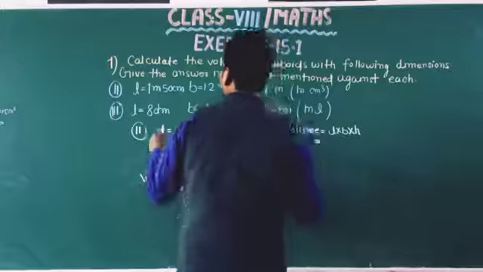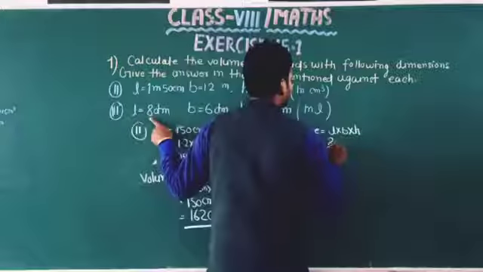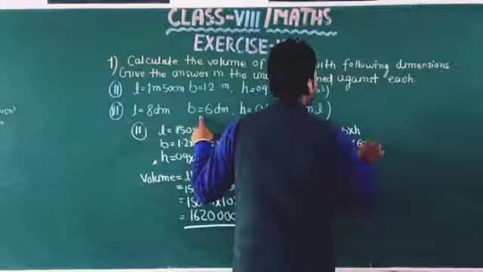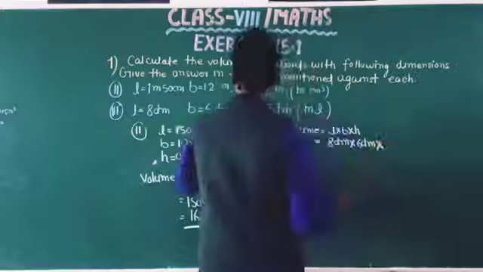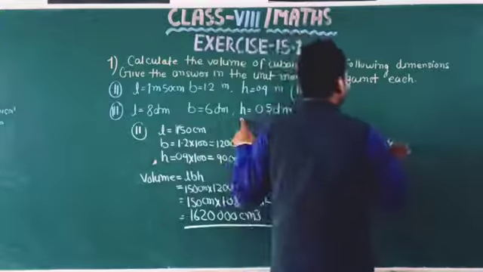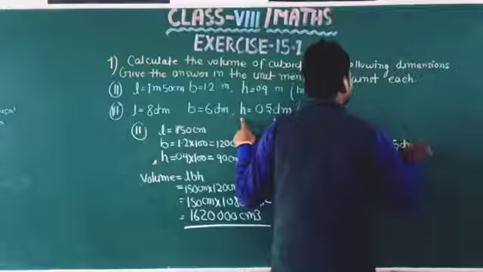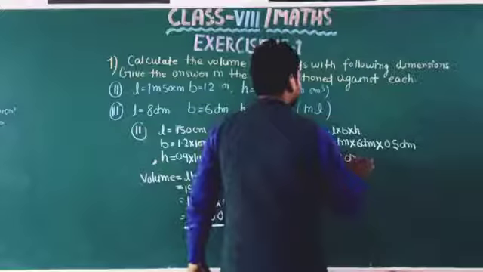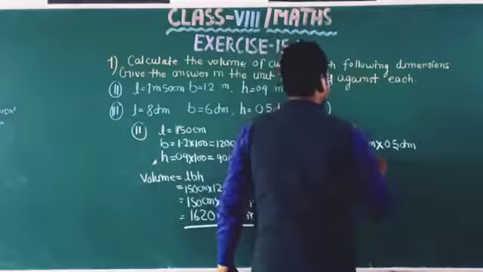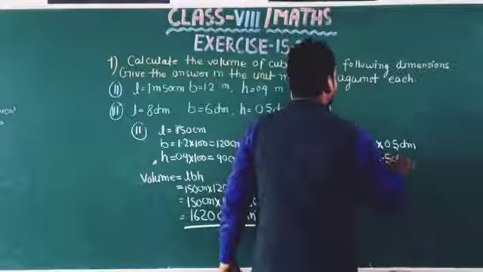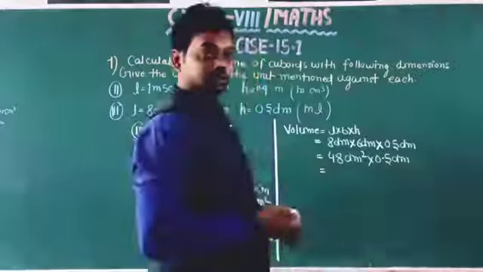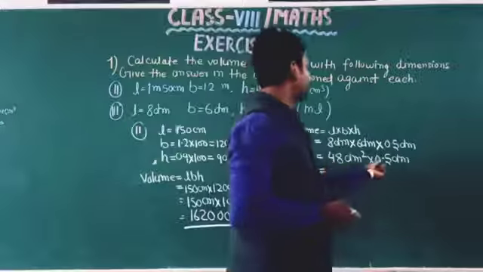So length is 8 decimeter into breadth is 6 decimeter and height is 0.5 decimeter. 6 8s are 48 decimeter square into 0.5 decimeter. Again multiply 48 by 0.5.